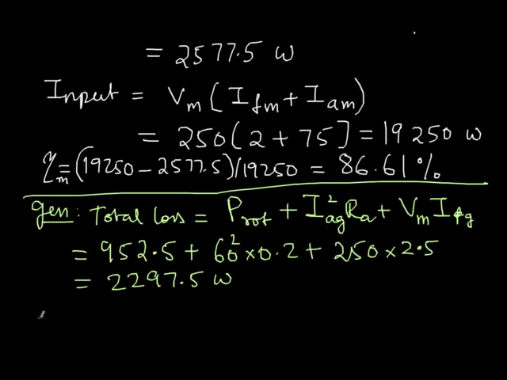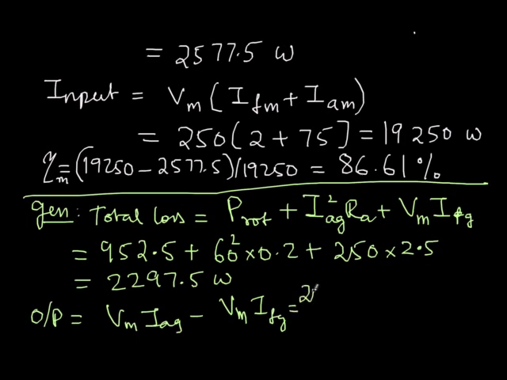Now what is the total output of the generator? For the generator we talk in terms of output. The total power output of the generator is nothing but the power generated, that is VM into IAG, and from that I subtract the losses of the shunt field winding, that is VM into IFG. In other words, VM into IAG minus IFG.